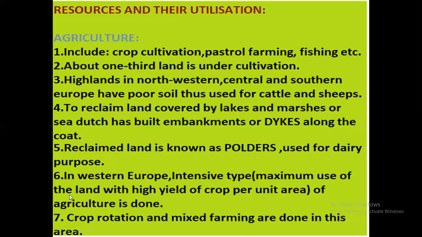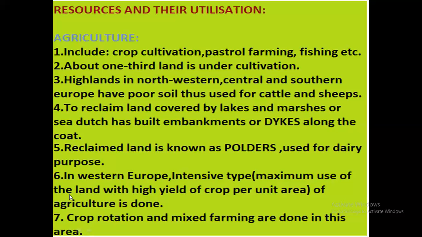Coming to the seventh point, crop rotation and mixed farming are also done in this area. Crop rotation simply means that suppose there is a piece of land on which crop X is grown.